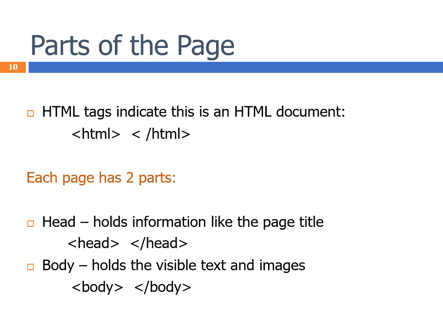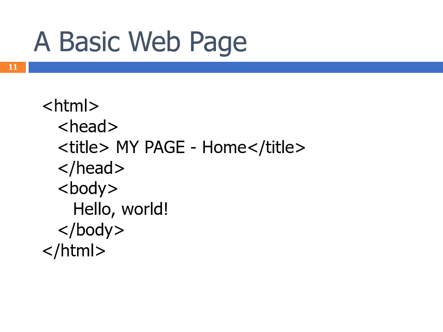Mainly, each web page has two main parts, which are the head and the body. So we start the HTML, then inside it there's a head, and there's a body. Those are the two main parts that we are going to see. So this is the basic web page, the first baby step in creating an HTML page. As you can see, the HTML started here and closed.